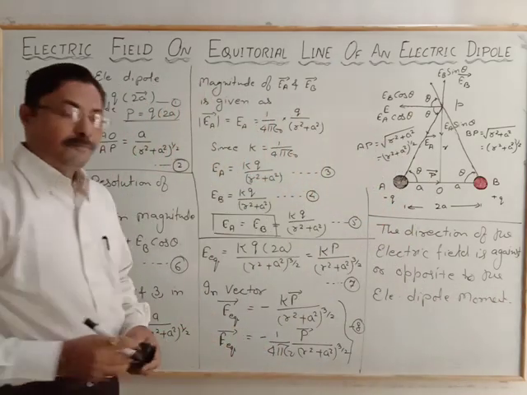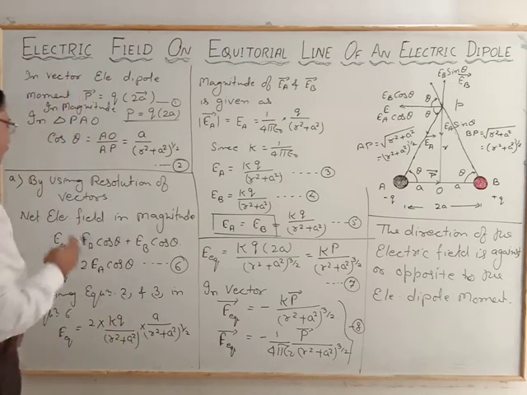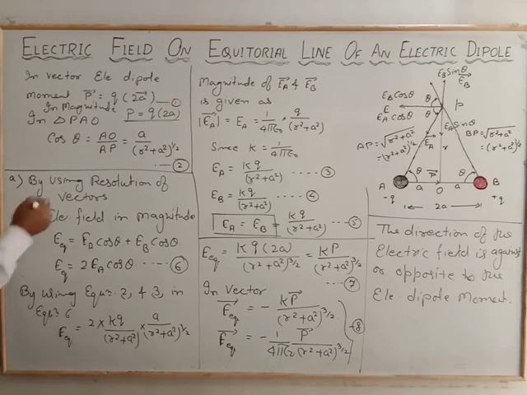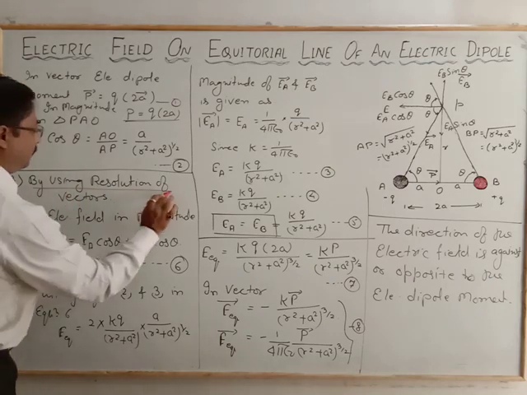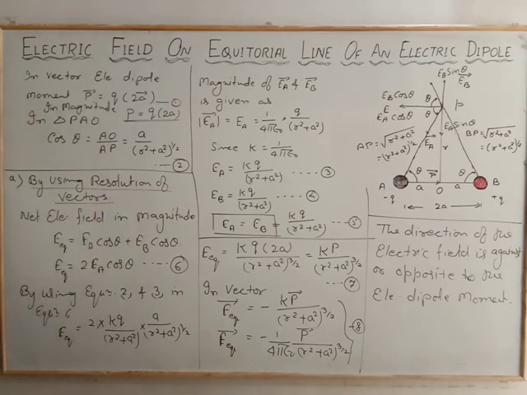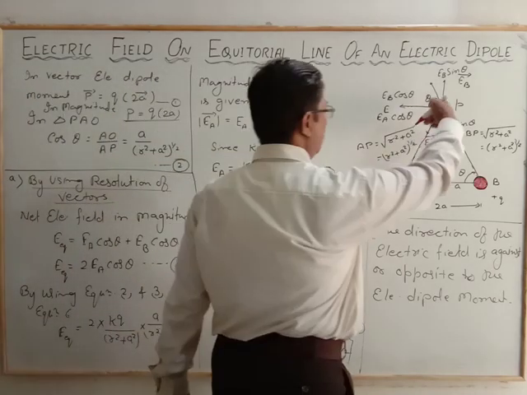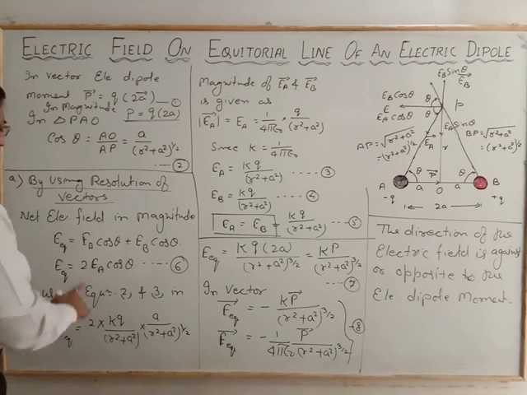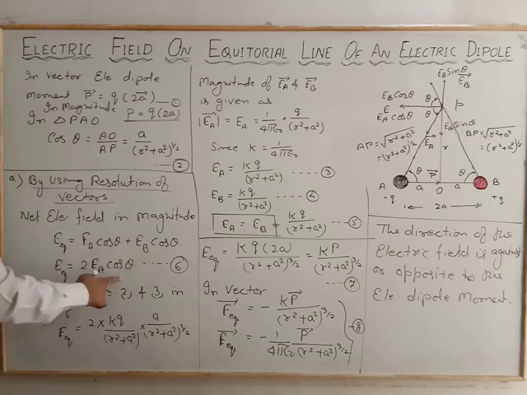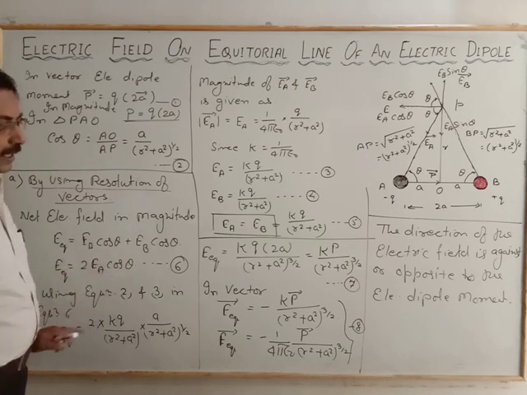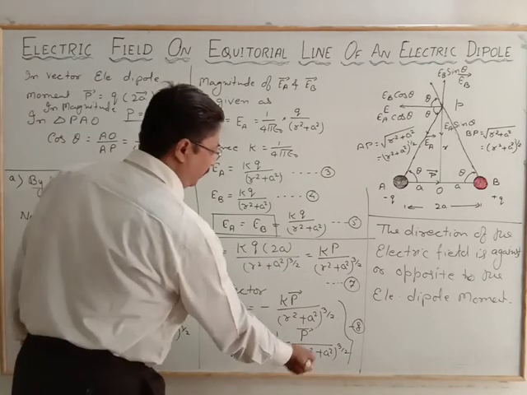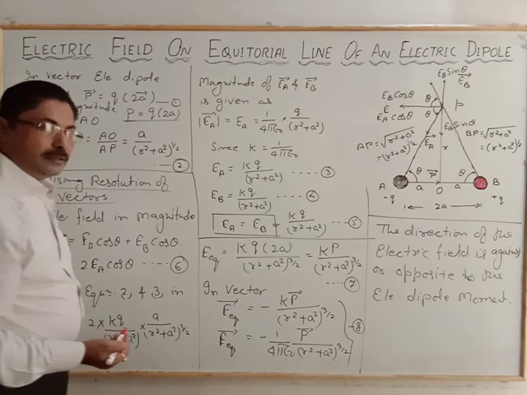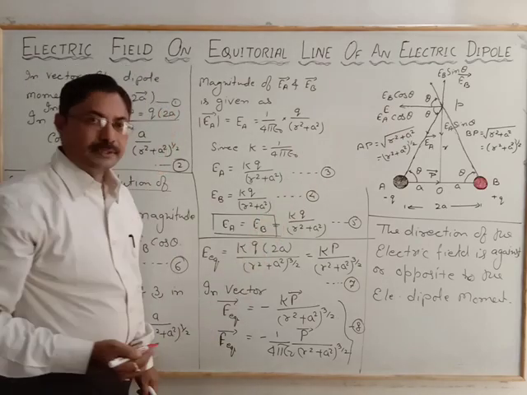So in the first method, we used the resolution of the vector. We resolved the vector into its components, and the component which we used is the cos factor. By using that one we got the relation and the direction also for the electric field at the equatorial point.